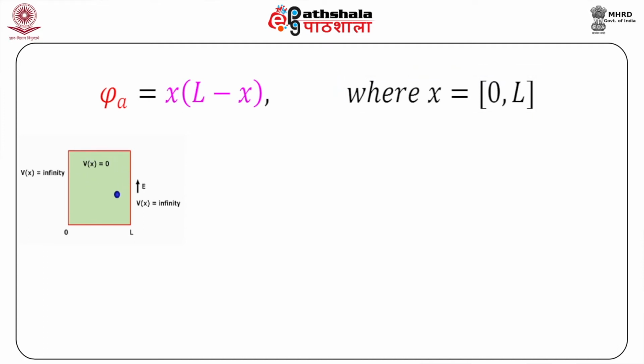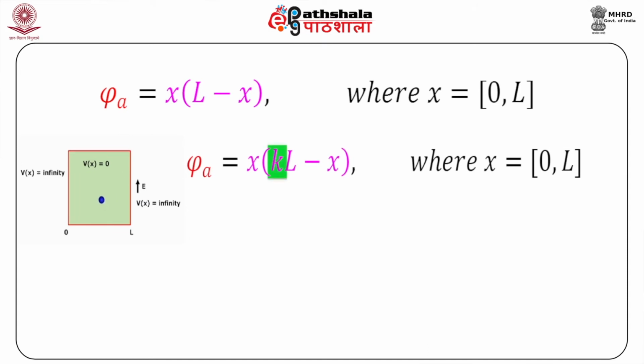The trial function so considered here contains no variational parameter, but if the trial wave function would have been as in equation 3a, then coefficient k would have represented the variational parameter in the equation.